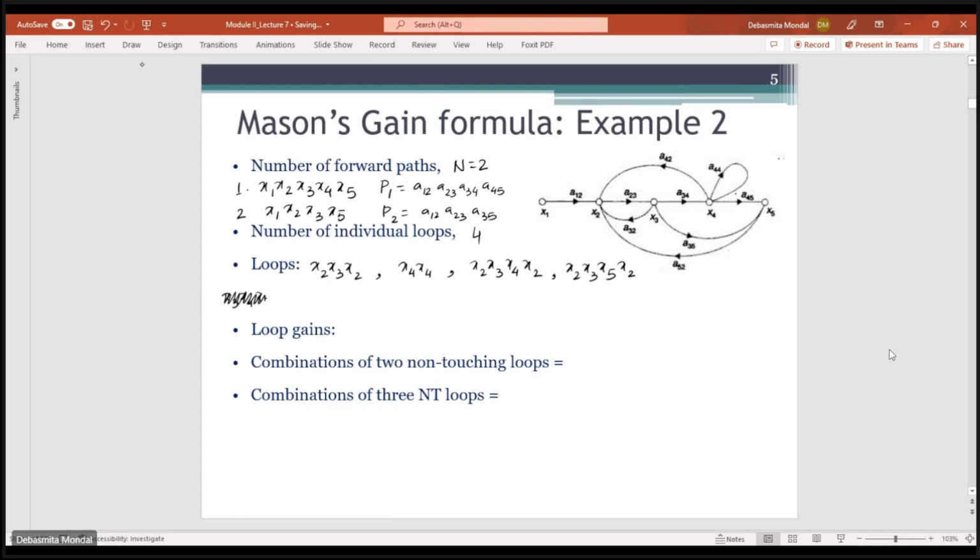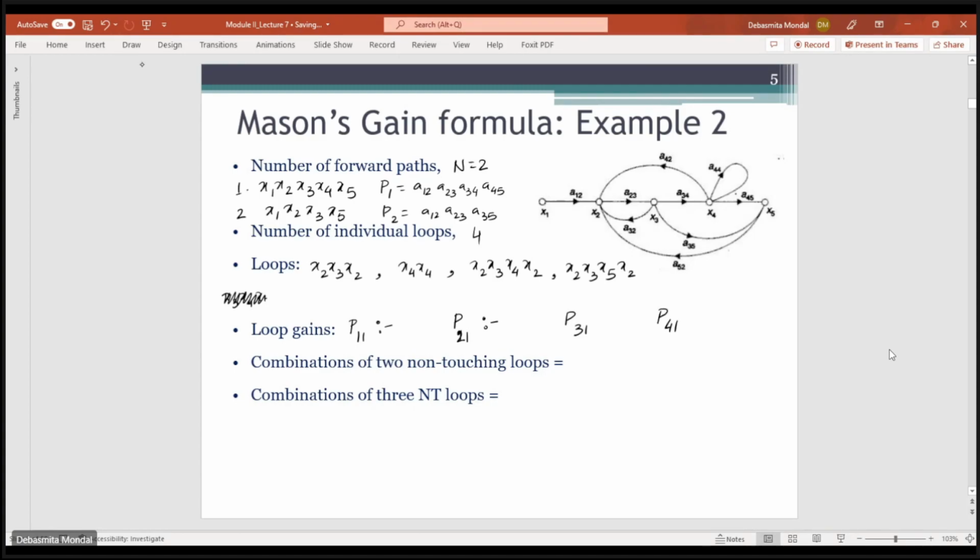Once you have found the loops, you can easily write the corresponding loop gains. For the first loop the gain will be written as P11, for the second loop P21, and so on. If there are 4 loops, there will be P31 and P41.